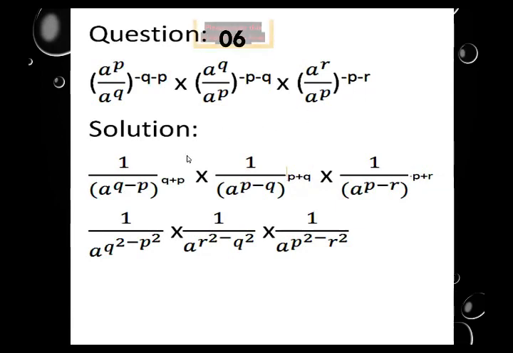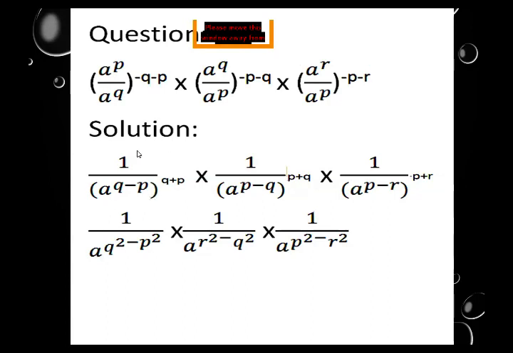Keep in mind there are so many ways to solve these types of questions. I am sharing only one, but this is not the only possibility. So what is going on here?